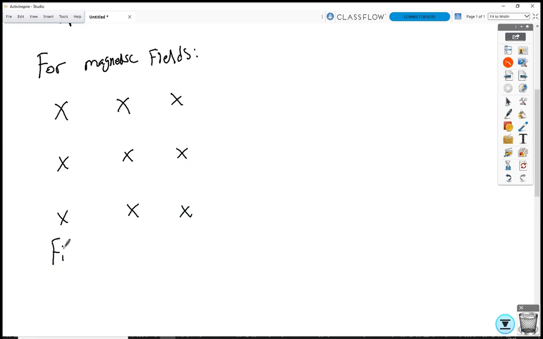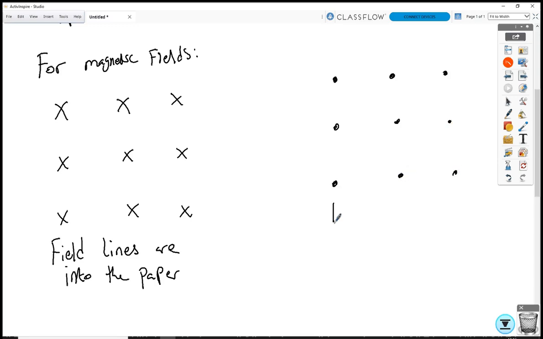Here we've got field lines are into the paper. And we'll do another one on this side. Here we've got field lines are out of the paper.